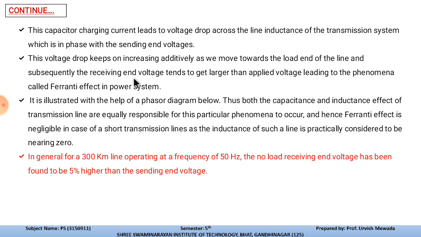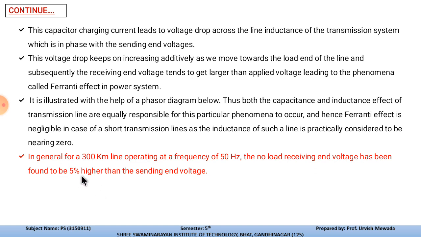In general, the Ferranti effect occurs in a transmission line, say a 300 kilometer line operating at 50 hertz, where the no load receiving end voltage has been found to be 5% higher.